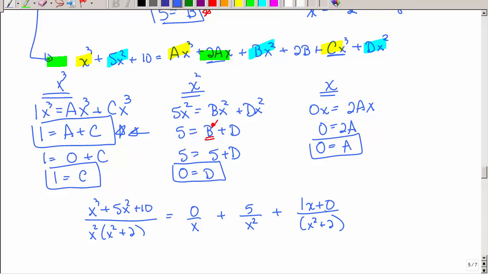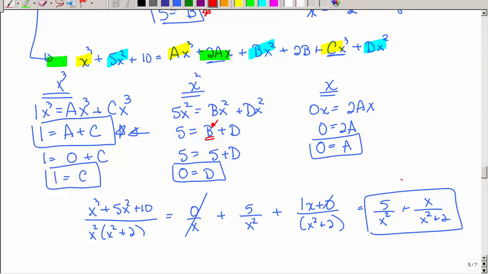We could write it like that, and of course that would go away, and you would just really have 5 over x squared plus x over x squared plus 2. And again, you could check your work by adding these together, and you should get back to the original.